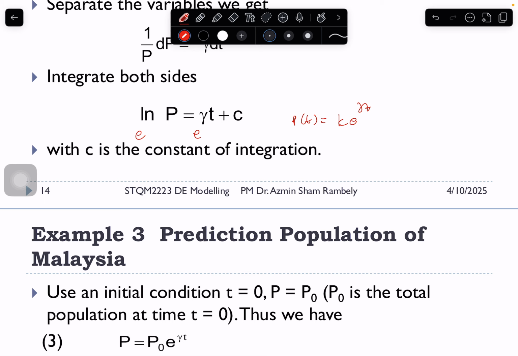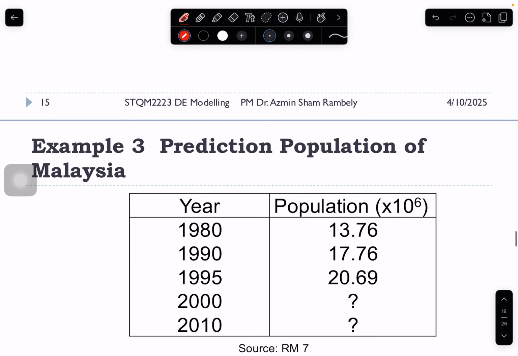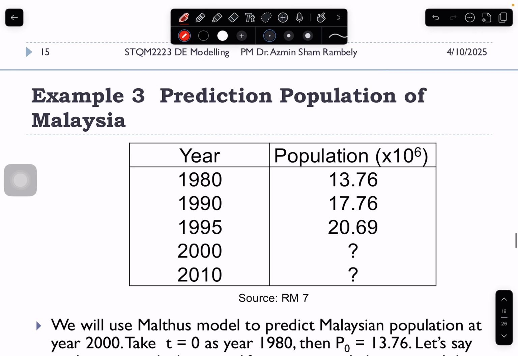To find the particular solution, you can put in data. Let's say this is very old data. As I said, you can refer to the report of the Department of Statistics, get the current number of population, and then you can predict.